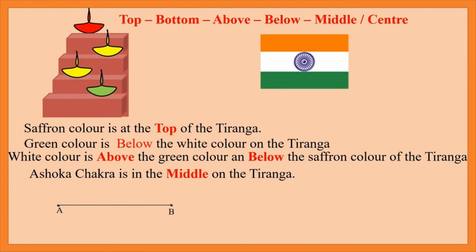So the middle is going to be, from A, 4 centimeters. So C is the center of segment AB. Now how are the words above and below used? Now consider one line. Mark a point D and mark a point E. So D is above the line and E is below the line.